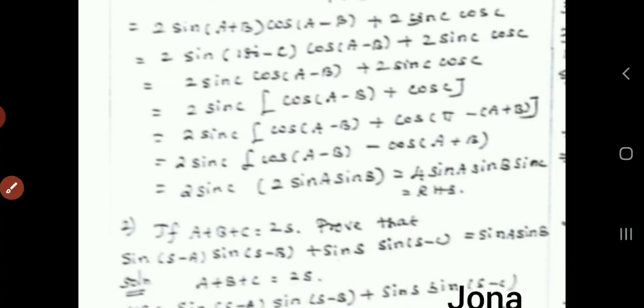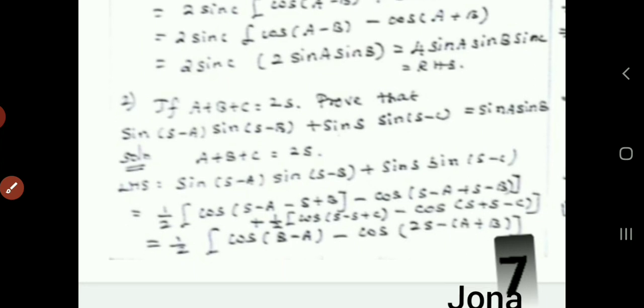Second problem. If A plus B plus C equal to 2s, prove that sin of s minus A into sin of s minus B plus sin s into sin of s minus C equal to sin A sin B. We want to prove this.